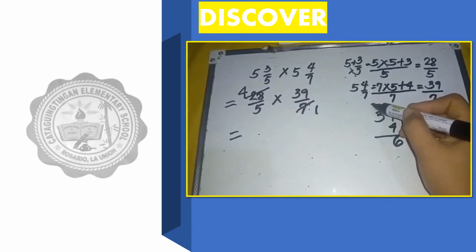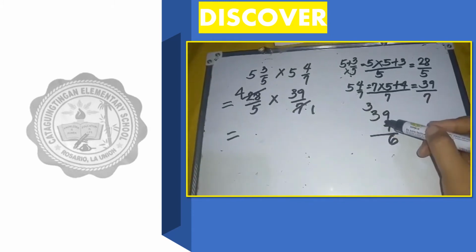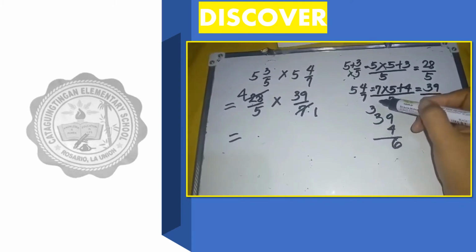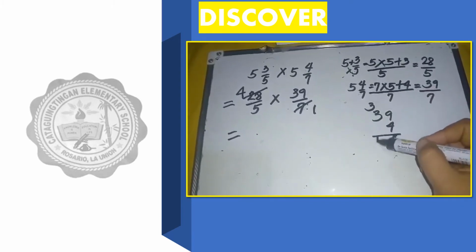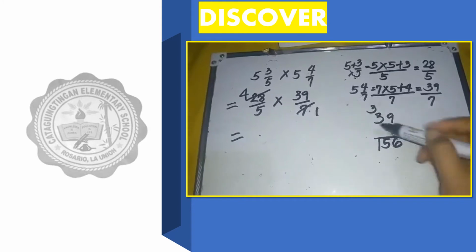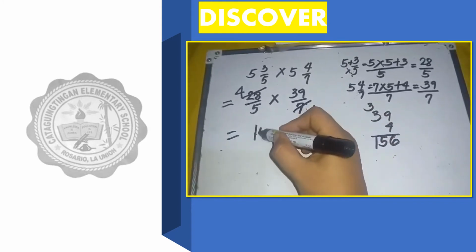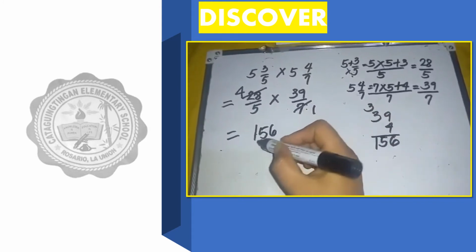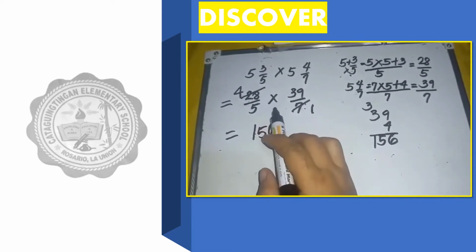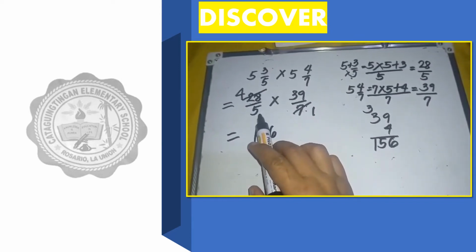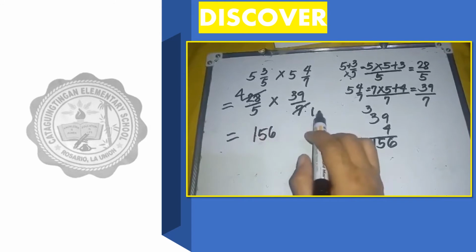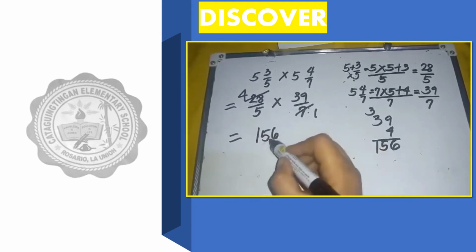Lagay natin po dyan yung 3. 4 times 3 is 12, plus 3 is 15. Ang sagot po ay 156. Let us multiply the denominator. 5 and 1. 5 times 1 is 5.